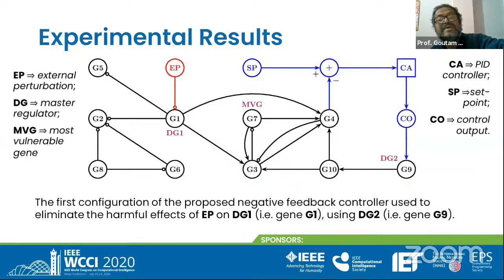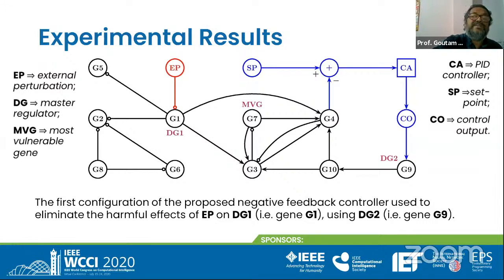Disturbed G3 again has disturbed G7. Disturbed G3 has disturbed G4 also. This disturbed G4 again further disturbs G3, and G3 disturbs G7. In this way G7 has been found to be disturbed most in this particular network.